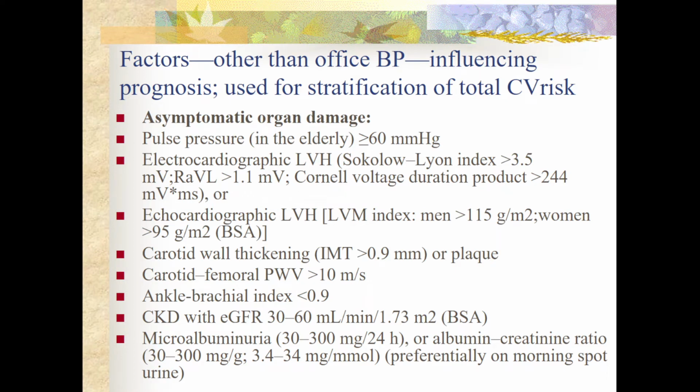ECG criteria of left ventricle hypertrophy, such as Sokolov-Lyon index more than 35 millimeters, voltage of R wave in aVL more than 11 millimeters, Cornell voltage duration product more than 244 millivolt.